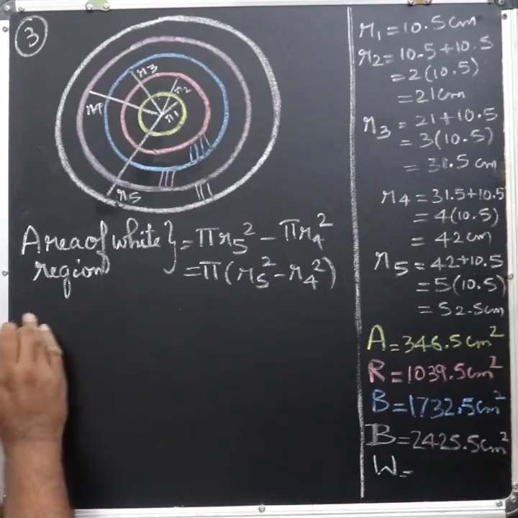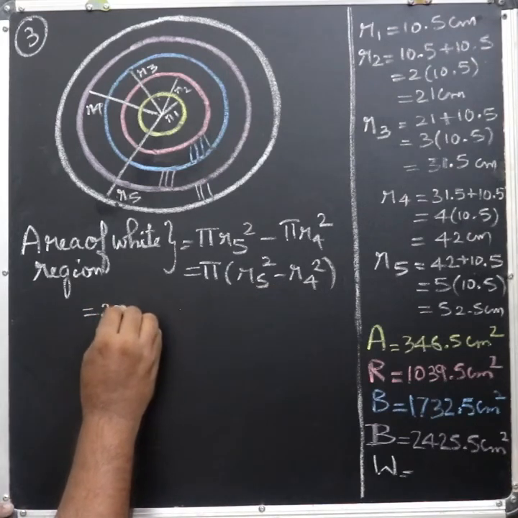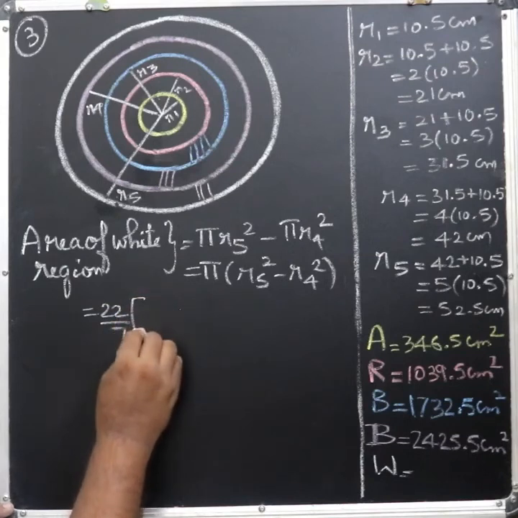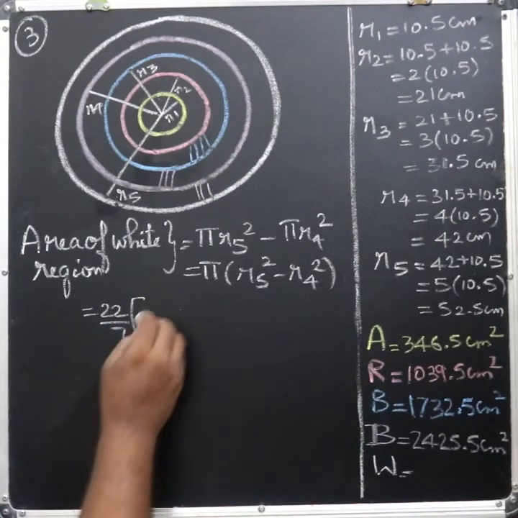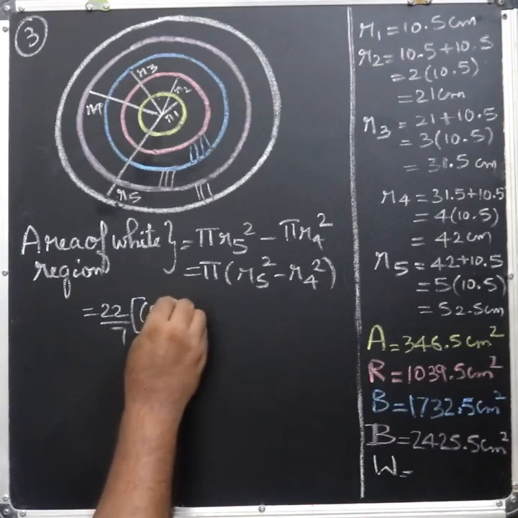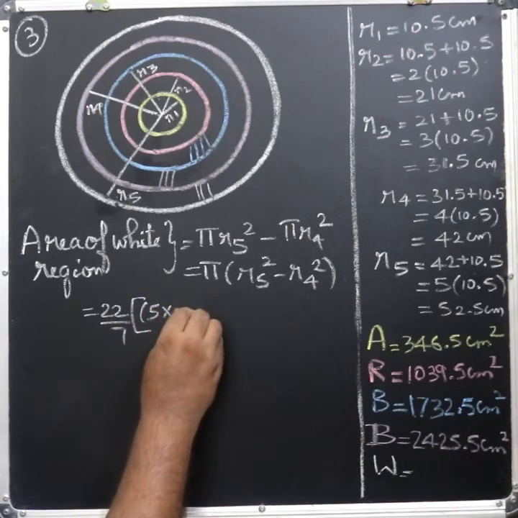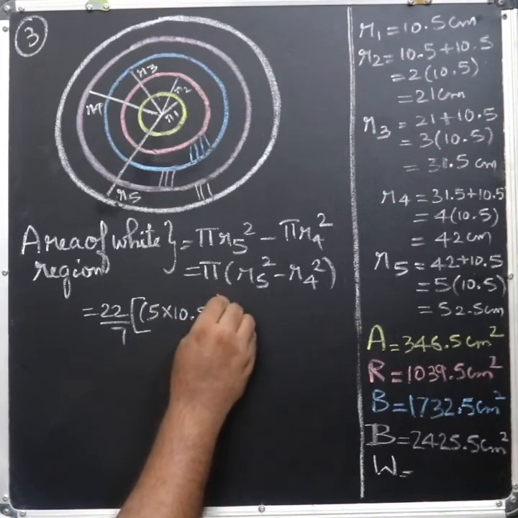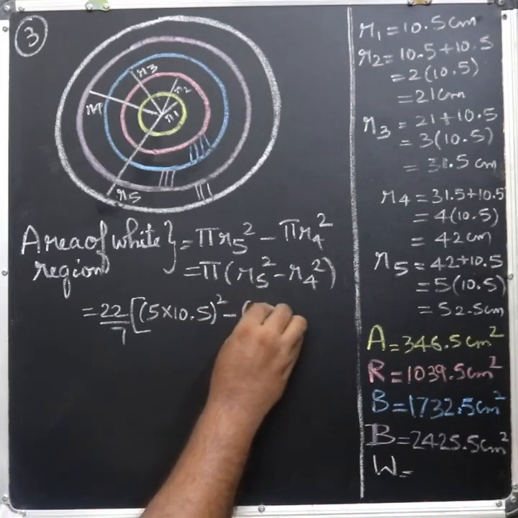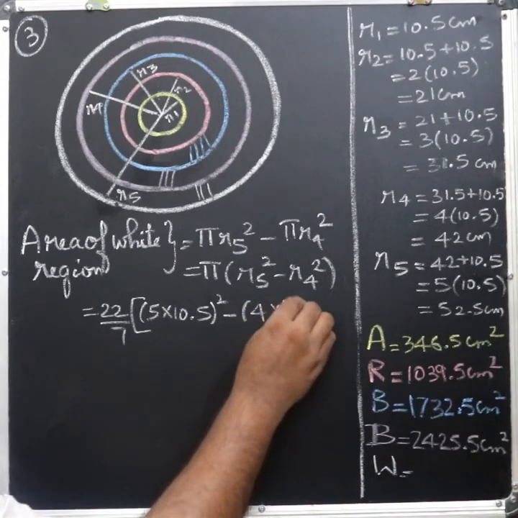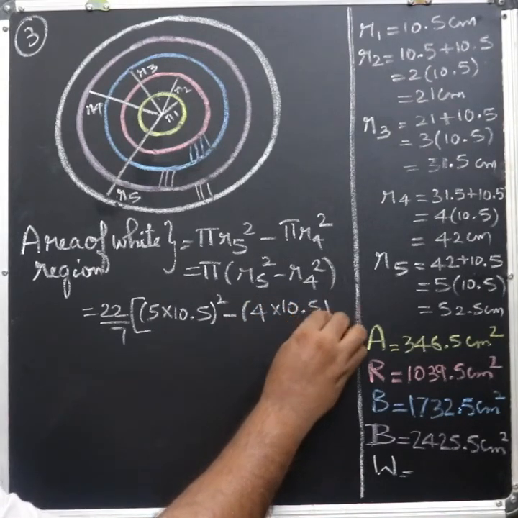Substituting the values, we are going to have 22 by 7 into your r5 is 52.5 centimeter, which can be written as 5 into 10.5 the whole square minus r4 is 42, which can be written as 4 into 10.5 the whole square.